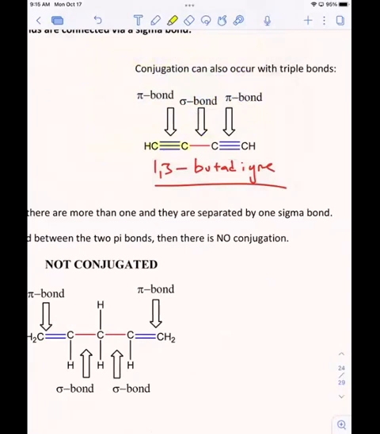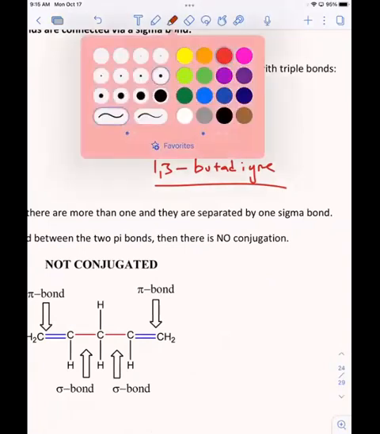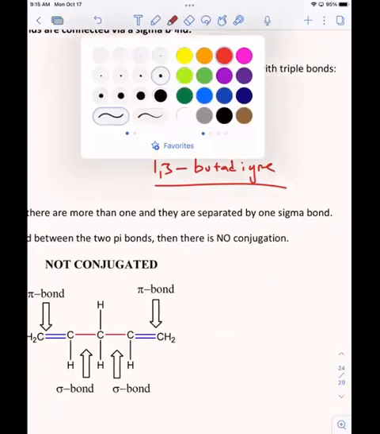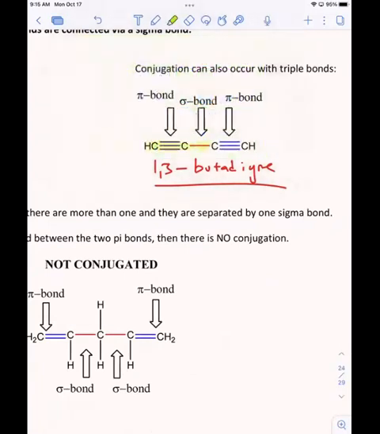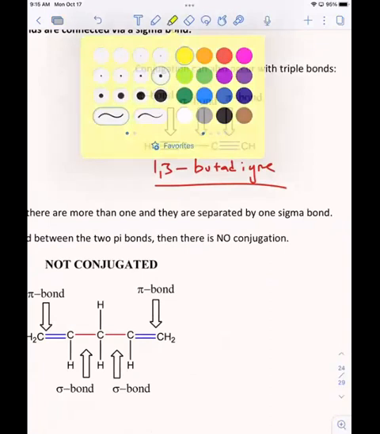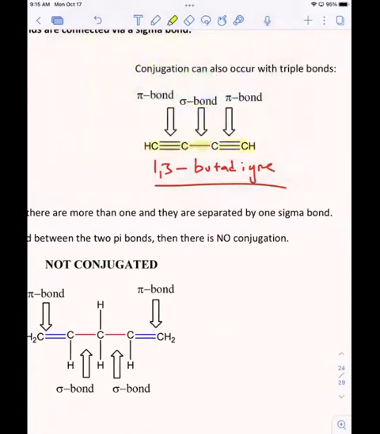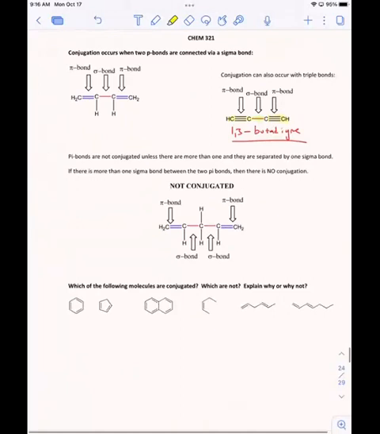You have pi and you have sigma, and then you have pi. That's the pattern. That's what you're looking for when you are looking to see if conjugation is present. Right? There's a more advanced definition that we're going to look at in a second.